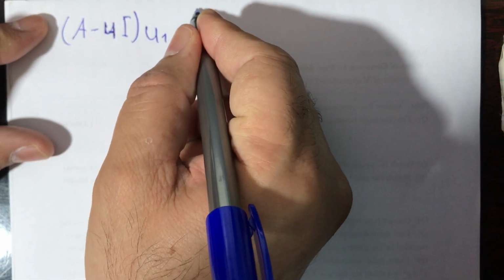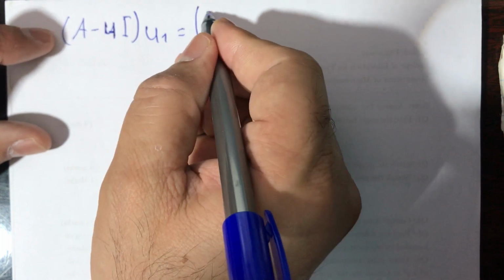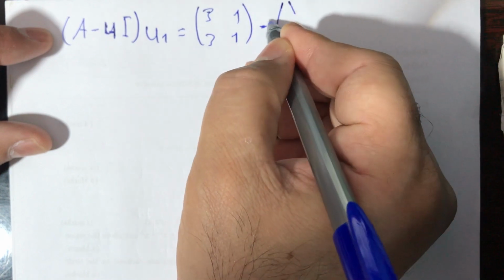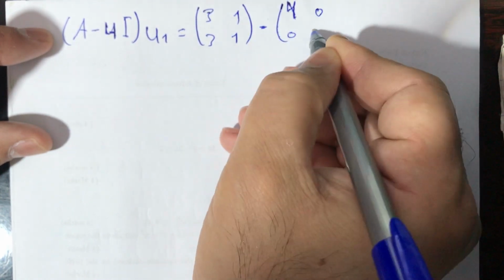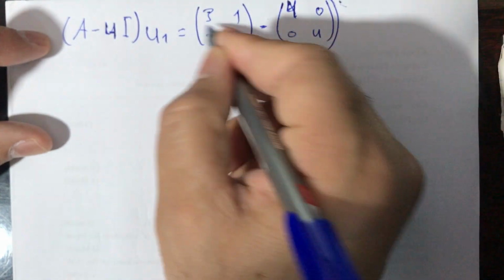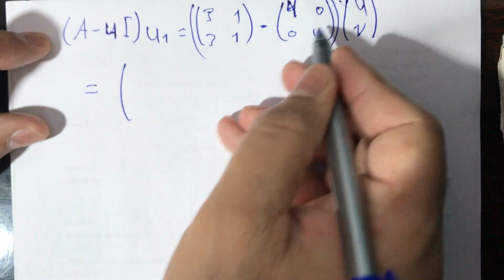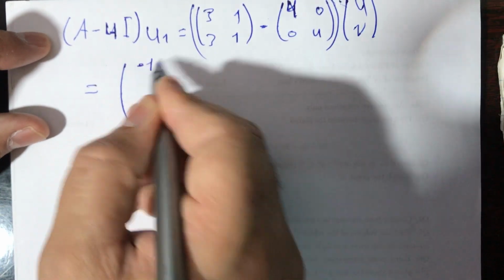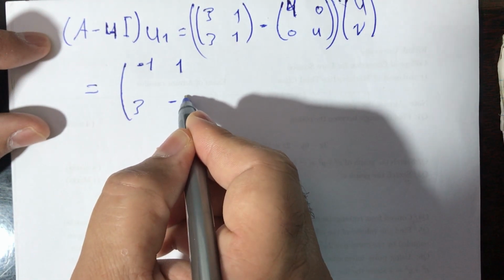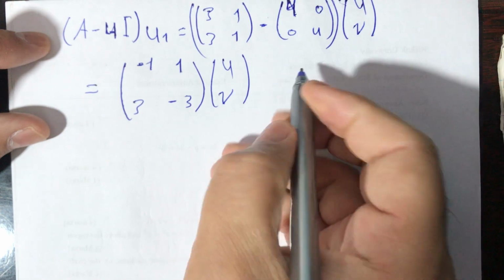u2 for lambda 2. A minus lambda I, this is 3 1, 3 1 minus lambda, here 4, so 4 0, 0 4, times u, v. This will be equal to 3 minus 4, which is minus 1, and 1 minus 0 is 1, and 3 minus 0 is 3, and 1 minus 4 is minus 3, times u, v.